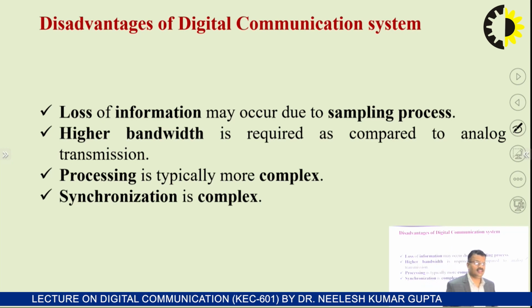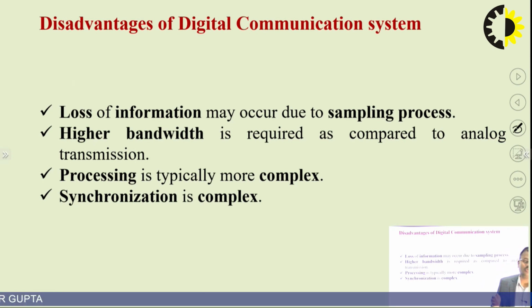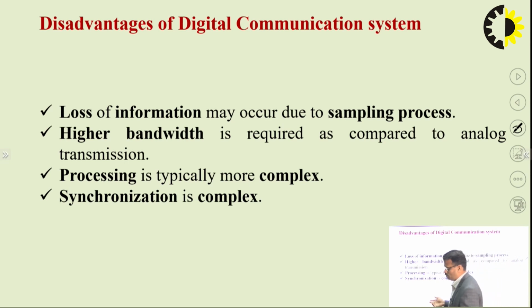Obviously, if you want more from a system, it will have some complexity. Synchronization is complex. Okay, so these are some limitations of digital communication that we can overcome by using new technologies. Okay, further.